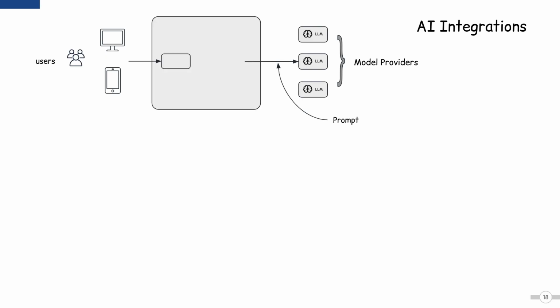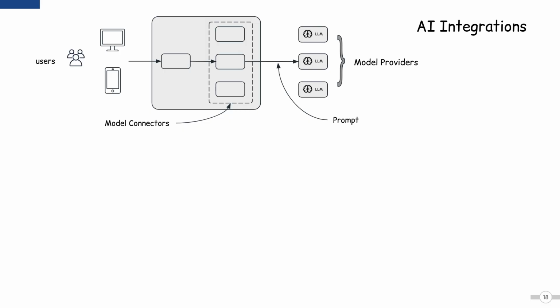Your integration could be taking in input from your users and sitting in the middle. And then you may have model connectors in your integration, because depending on how you want to do the integration and to which model provider you want to integrate, you may need to have some model connectors in place. So this is a typical, very simplistic integration that you can think of when it comes to doing AI integration.